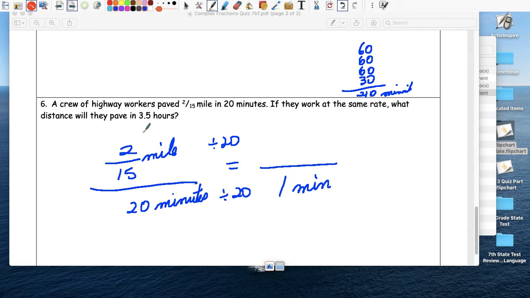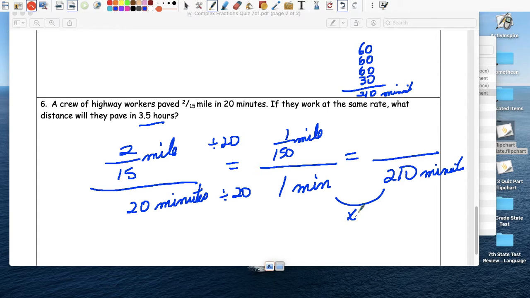So 2/15 divided by 20, we get 1/50th of a mile. That's how much they do per minute, right? But that's not our question. The question is in 210 minutes, which is the same thing as 3.5 hours, how much of the highway will they have paved?